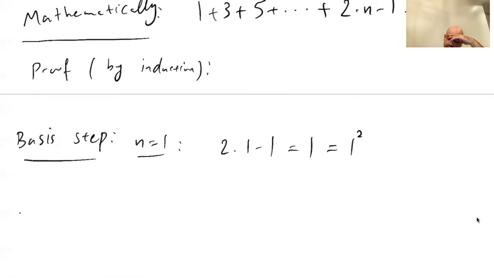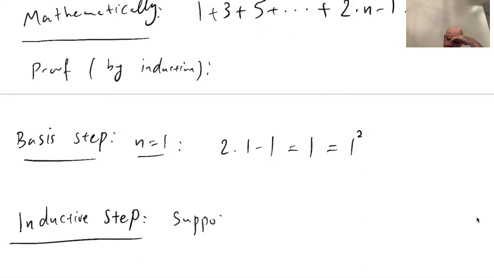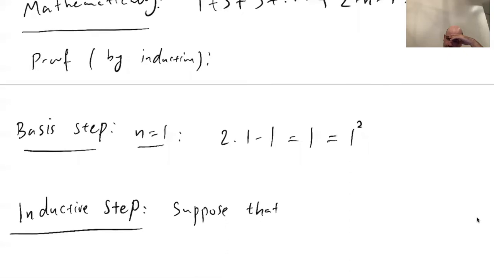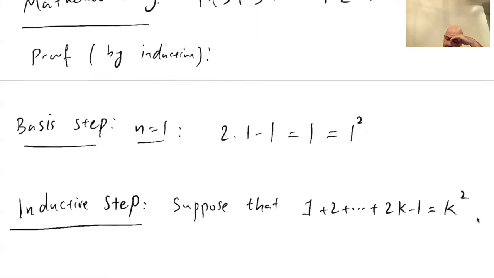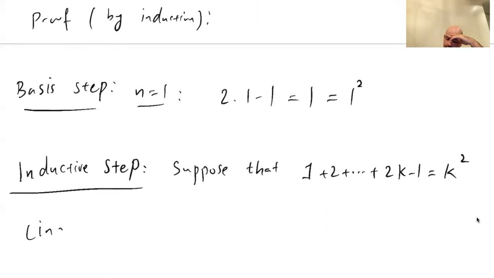And then we have to look at the inductive step. So suppose that 1 plus 3 all the way to 2k minus 1 is equal to k squared, which is also called the induction hypothesis.